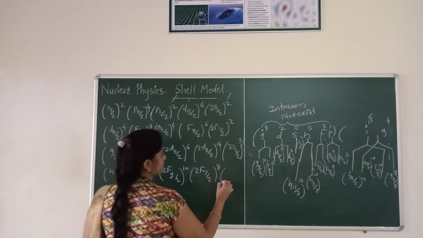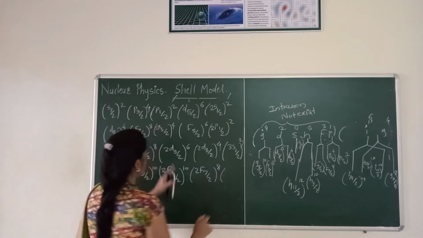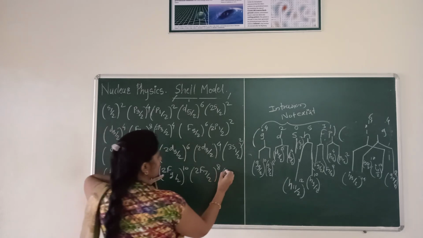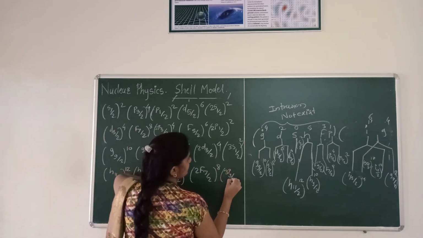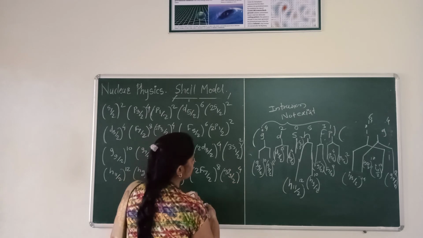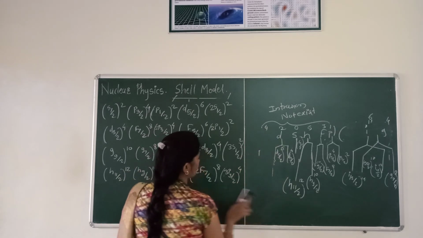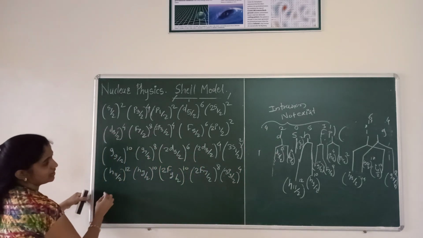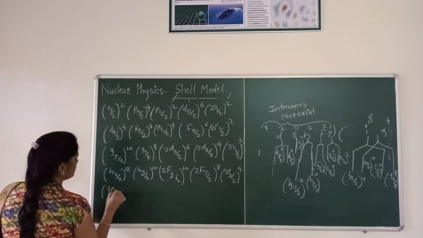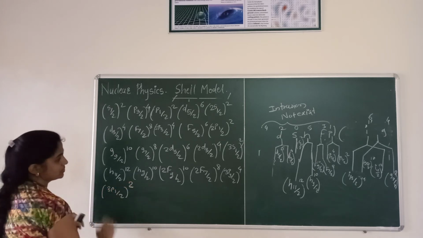Now P is repeated 3 times. That's why 3P 3/2 contains 4 terms, and 3P 1/2 will contain 2 terms.